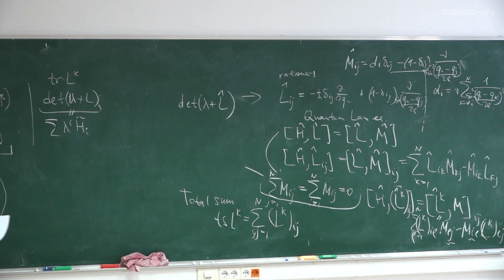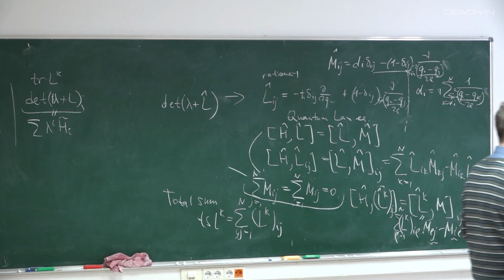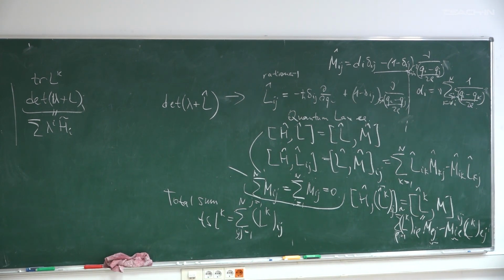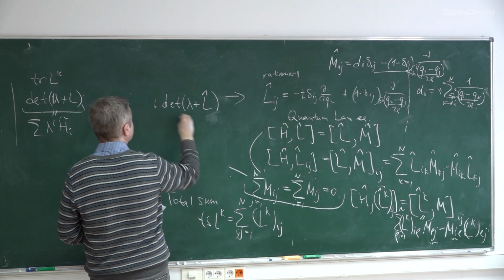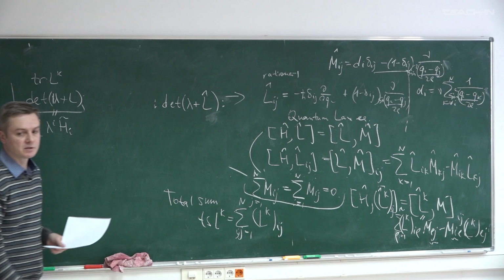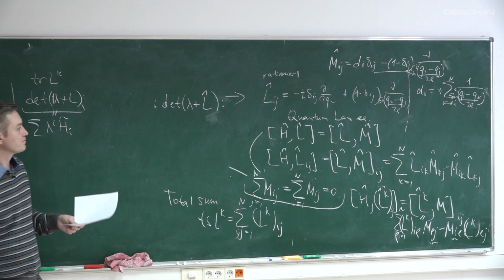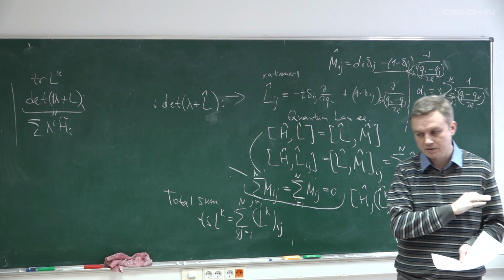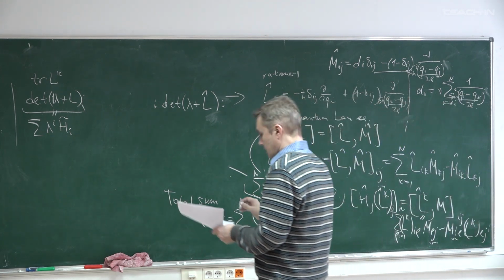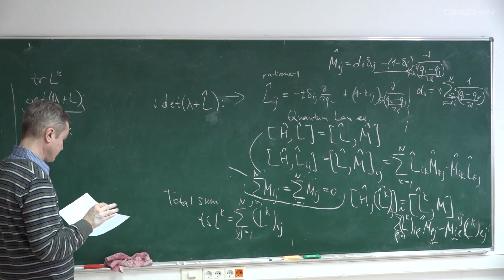So you need to define some rules. You need to define an order of elements. And we, for example, defined it as a normal ordered expression, when all momenta are moved to the left and all coordinates are moved to the right. And my statement is as follows.